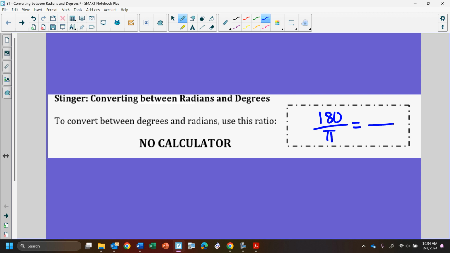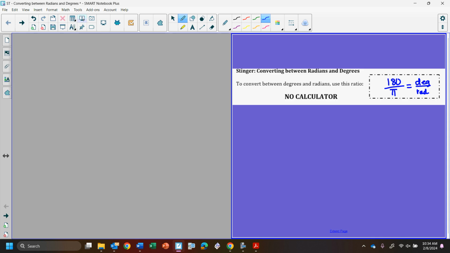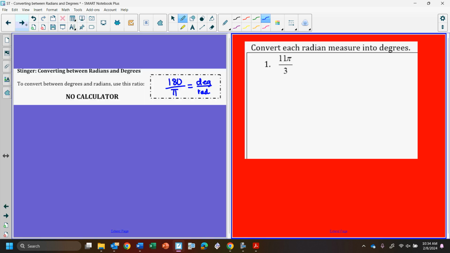And then the other fraction you set up, do you put degrees on top or radians on top? If I have my equation set up this way, D over R. Yeah, degrees on top because 180 is in degrees and pi is in radians. Cool, so you're going to set it up in that order, okay? Can you guys take this idea and start the first one for me? 11 pi over 3.